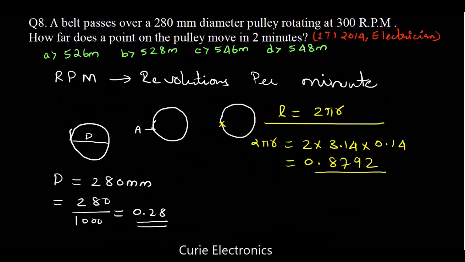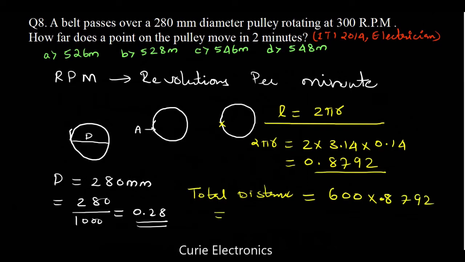Now, in 300 revolutions per minute, 300 times it is rotating. That means for total distance equal to 600 revolutions, because 2 minutes we are considering, multiplied by this 2 pi r, that is 0.8792.